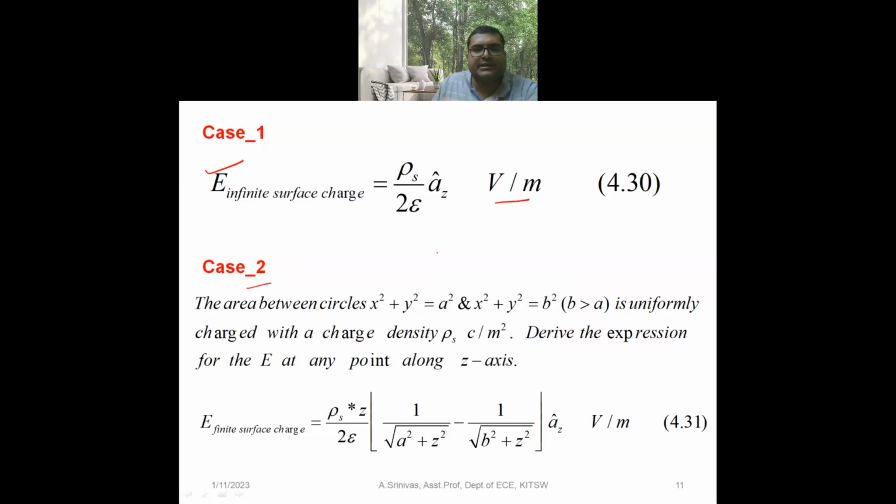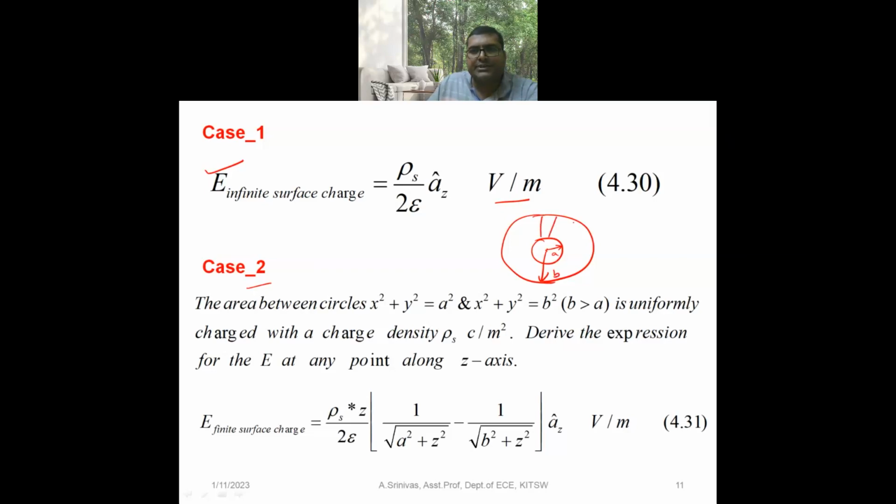Case 2: the area between the circles x square plus y square is equal to a square and x square plus y square is equal to b square, b greater than a. Means here it is a circle, and it is another circle with radius b.